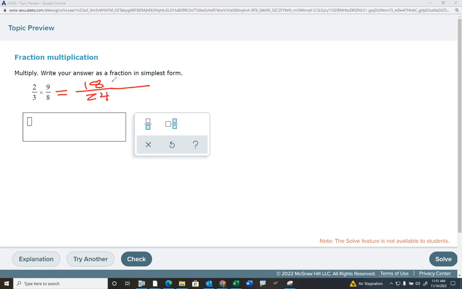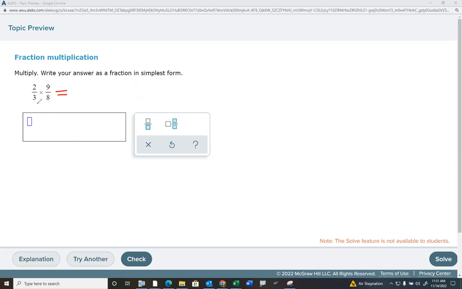And then I could say, oh, wait, but 6 divides into 18 and 24. It has to be the same number right there. If they're different numbers, then it's not going to work. Okay, 18 divided by 6 is 3. 24 divided by 6 is 4. And that's as far as it's going to go. These guys have no common factors. So 3/4 is our answer.